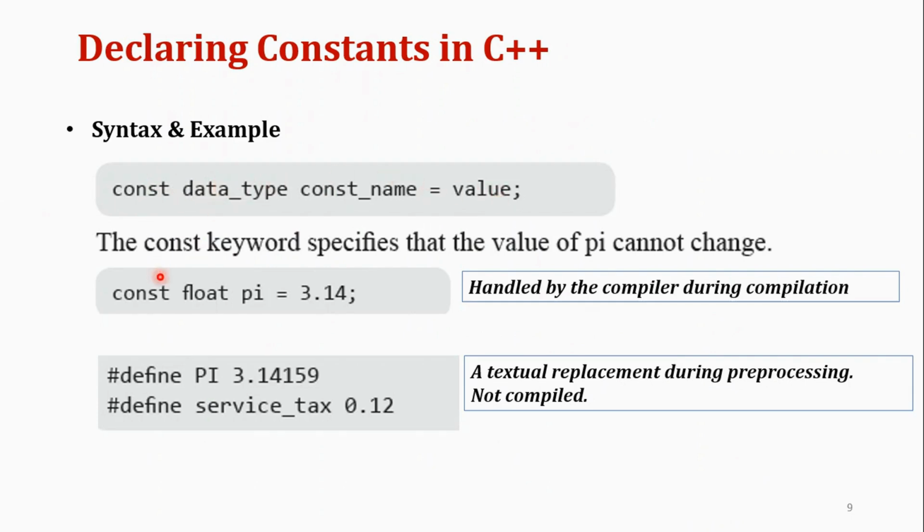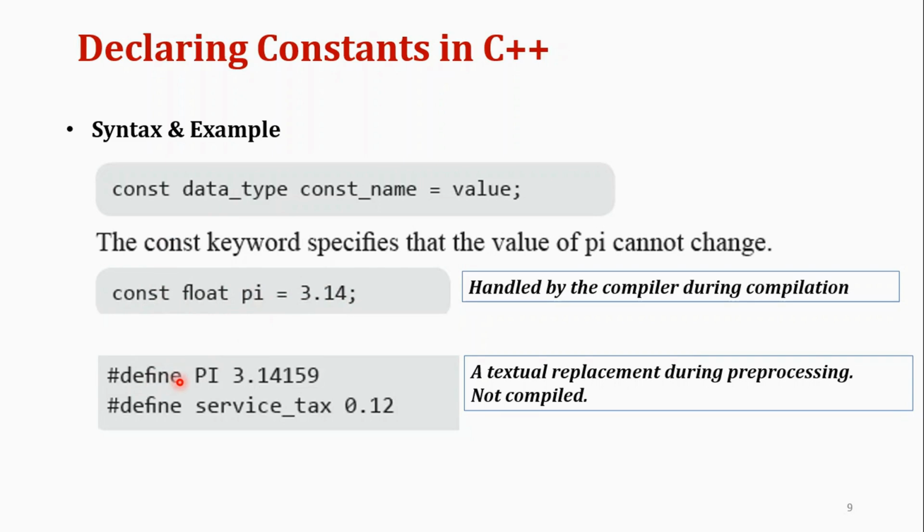For example, the const keyword, data type float, PI is the constant name, whose value is 3.14. This is the statement that is compiled by the compiler, and then the PI constant takes the value 3.14.